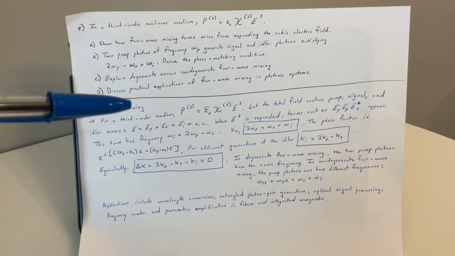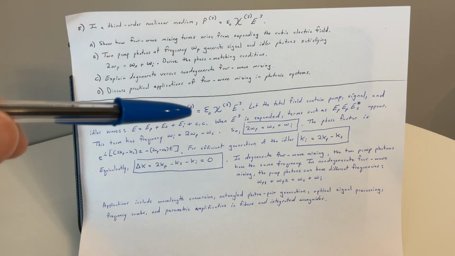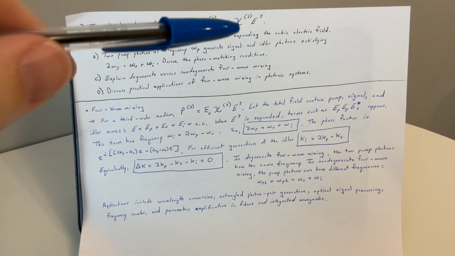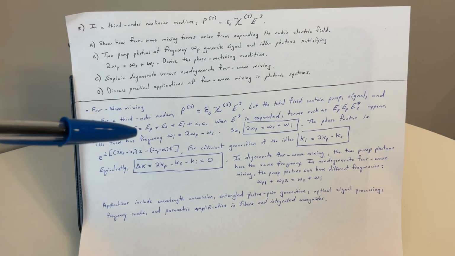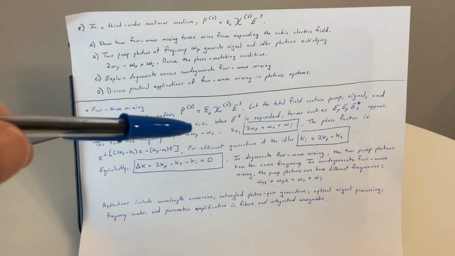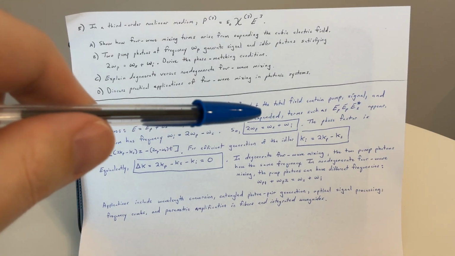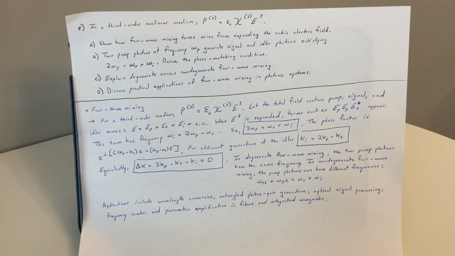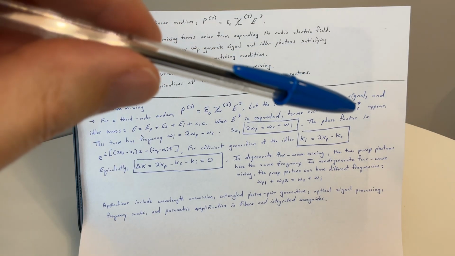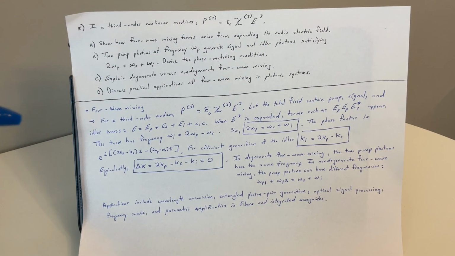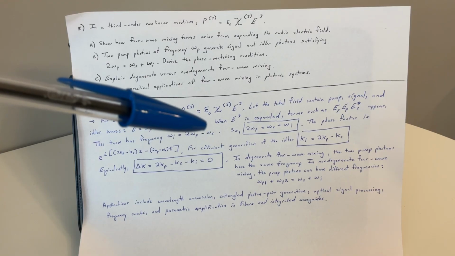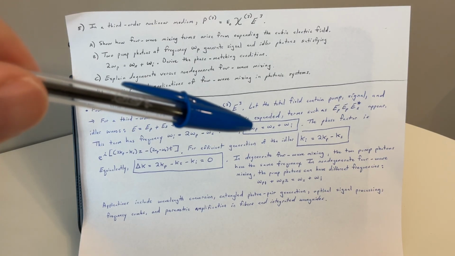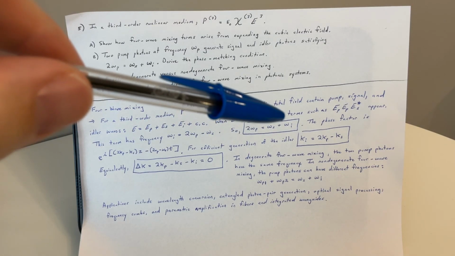Okay, so if we have 4-wave mixing for a third order medium, we get the following from what we were given up here. Let the total field contain pump, signal, and idler waves, and E equals E_p plus E_s plus E_i plus c.c. When E cubed is expanded, terms such as E_p² E_s star appear. So here, this term has frequency ω_i equals 2ω_p minus ω_s. So 2ω_p equals ω_s plus ω_i.